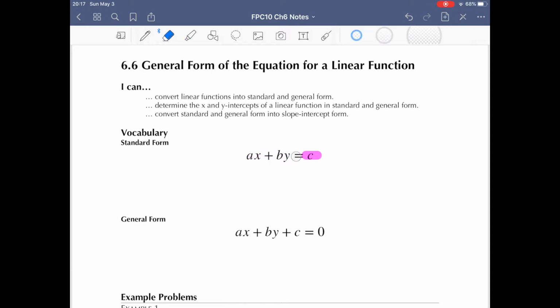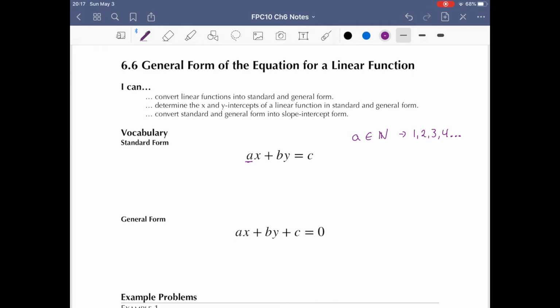But there are some restrictions on our variables. So we're going to look at what those restrictions are. Our variable a has to be an element of the natural numbers. That means that this has to be a number 1, 2, 3, 4, so on. You can't have negatives, you can't have fractions, you can't have decimals.